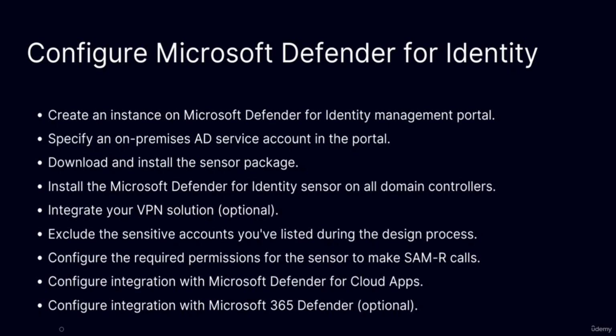Now you do have to configure permissions so that the agent or the sensors have access to this data. You can also configure integration of Microsoft Defender for Identity with Defender for Cloud Apps, and there's also integration available with Microsoft 365 Defender.